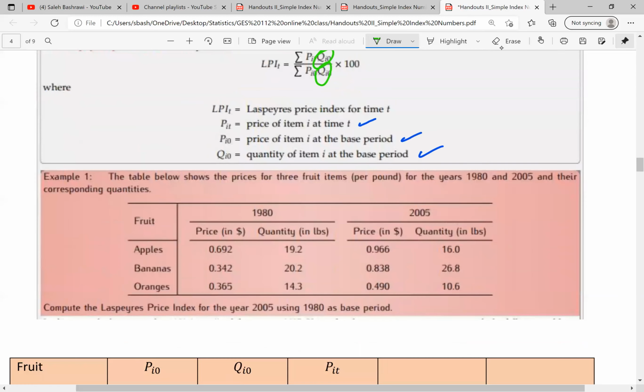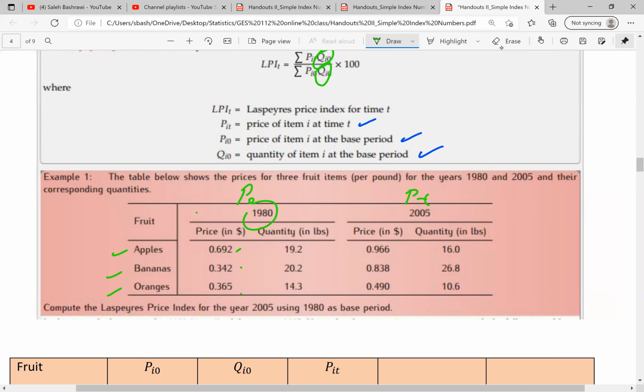For example, let's have this example now. The table below shows the prices for 3 fruit items per pound for the years 1980 and 2005 and their corresponding quantities. We have apples, bananas, and oranges. The prices are given there with the quantities. This is the base period, and this is the time t.